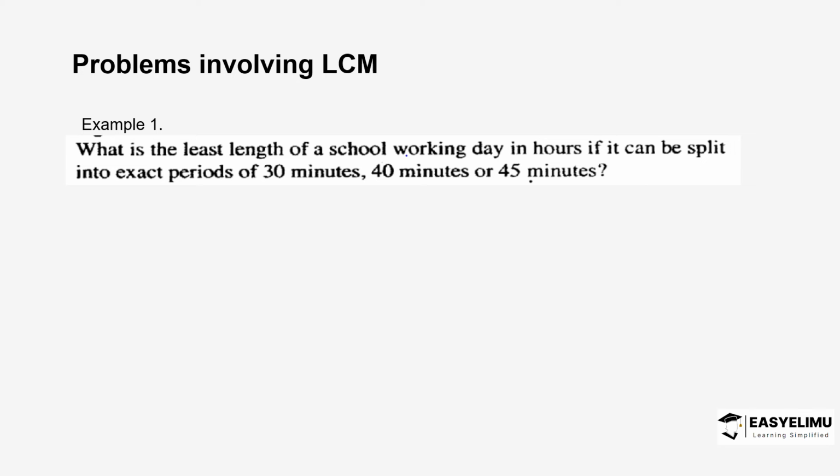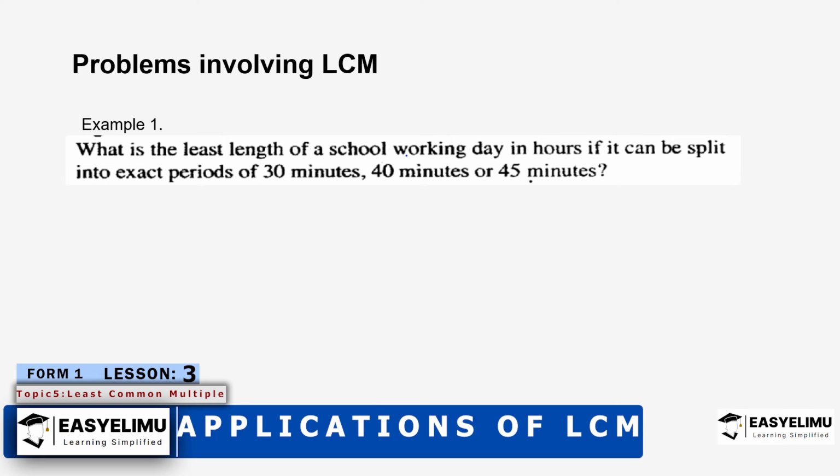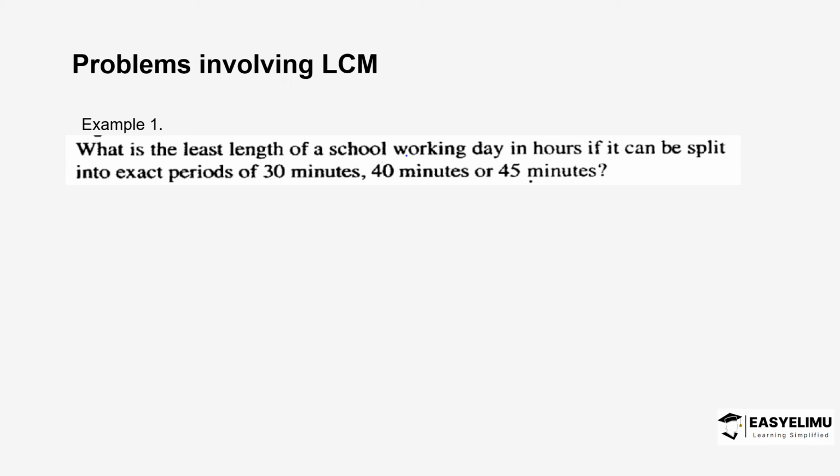In this example, we are supposed to find the least length of a school working day in hours if it can be split into exact periods of 30 minutes, 40 minutes, and 45 minutes.